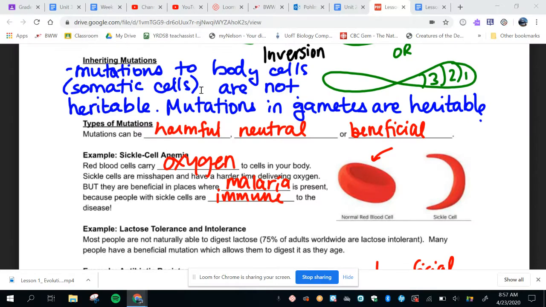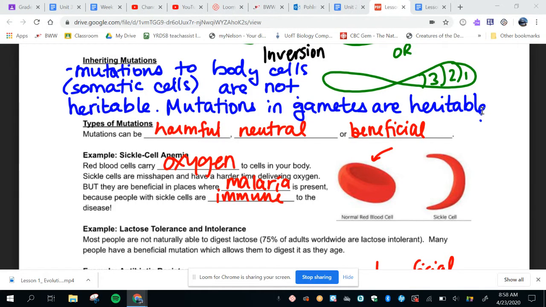Here, what I'm describing for you is that mutations to body cells are not heritable. Okay, only mutations in gametes are heritable. That means that only those mutations that affect the gametes can actually be passed on to our offspring. The example that I give for this is skin cancer.